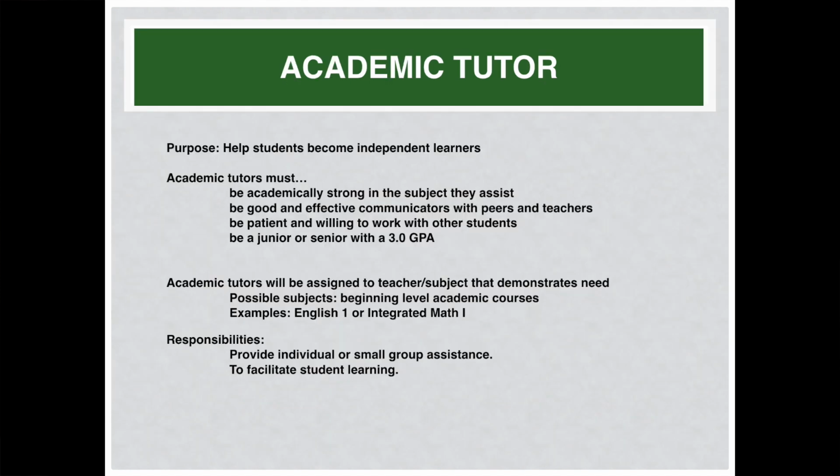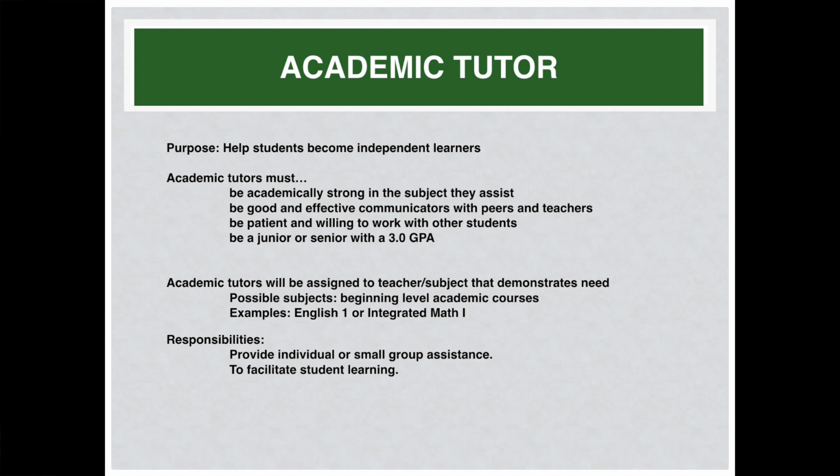The purpose of an academic tutor is to help students become independent learners in the classroom. An AT must be academically strong in the subject they assist, have over a 3.0 GPA, be a strong and effective communicator with peers as well as teachers, and be patient and willing to work with other students.